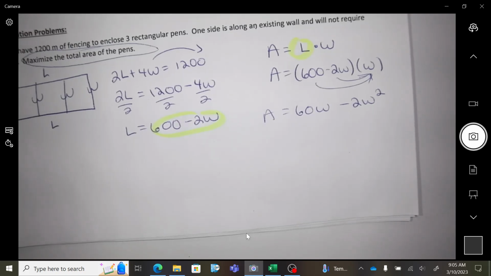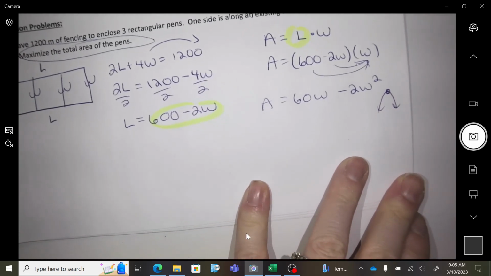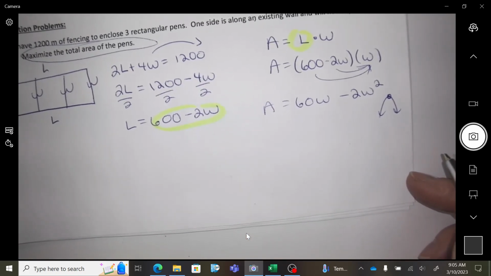Okay, so this stage was all the same, but now we're going to change to calculus instead of grade 11. So in grade 11, we would have figured out the vertex by doing negative b over 2a. We would have done that. Okay, that was how we did it in grade 11.